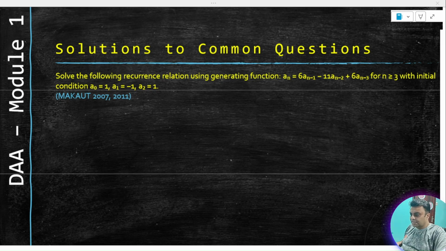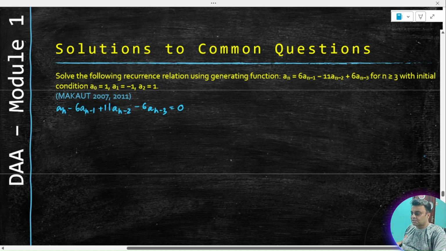So we'll rewrite this recurrence relation by taking everything on the same side. We will say a_n minus 6a_(n-1) plus 11a_(n-2) minus 6a_(n-3) is equal to 0. Now, I told you, you take the lowest suffix.